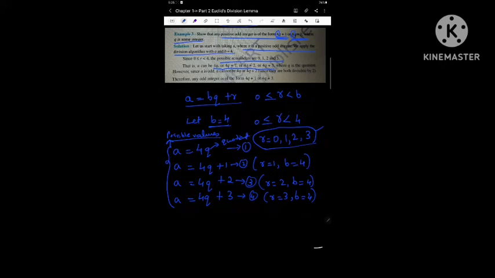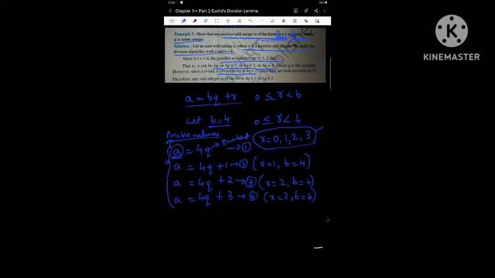Since a is odd, a cannot be 4q or 4q plus 2. See, what we can say is, they are considering a as odd, right? In question C, they have shown that any positive odd integer is of form this. So this cannot be odd.